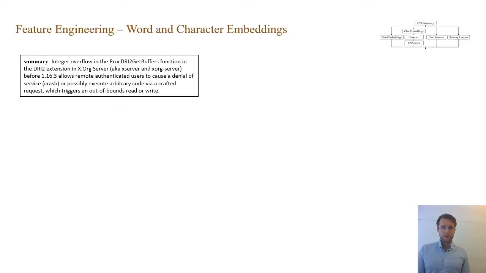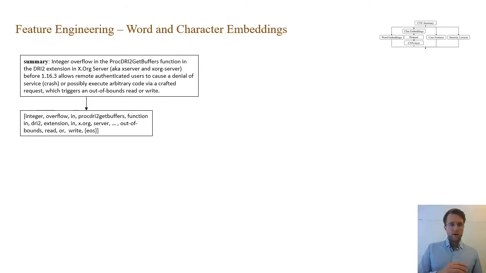If we look closer at the word and character level embeddings, we first input the raw document into a sequence where we split each word into its own entity. And we only use lowercase here and try to remove as many stop words as possible, such as the and an.